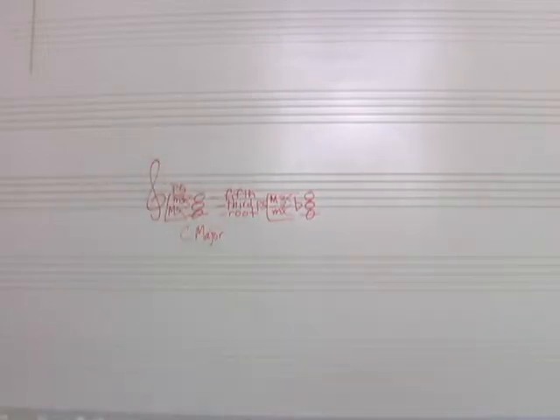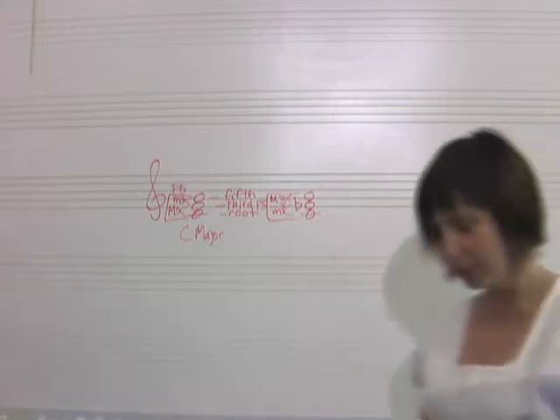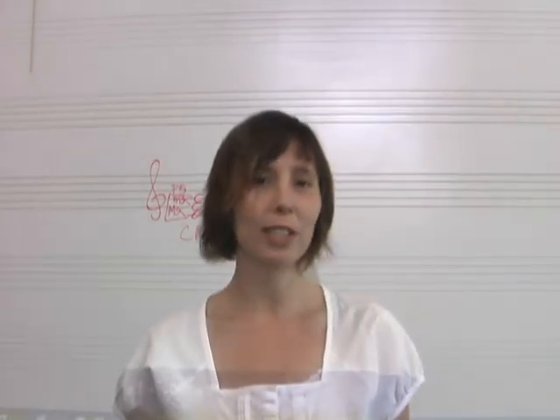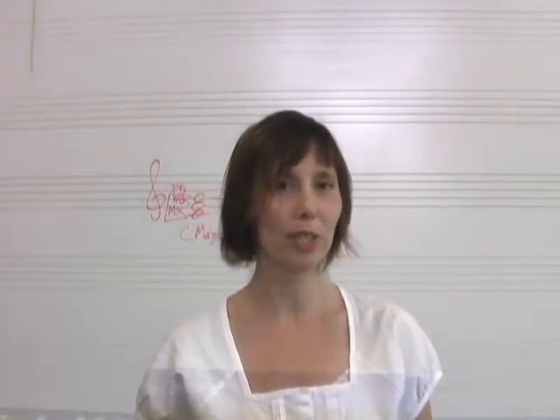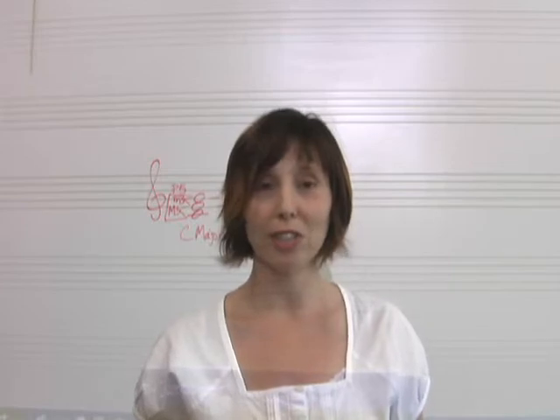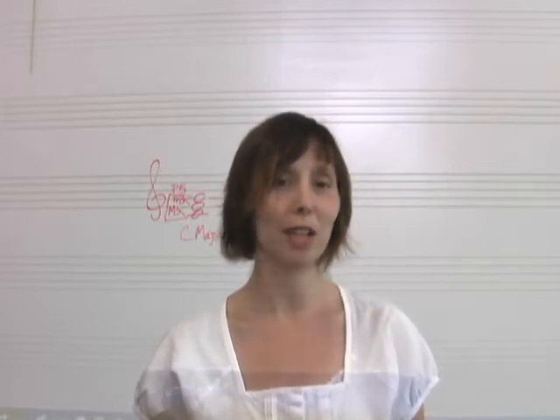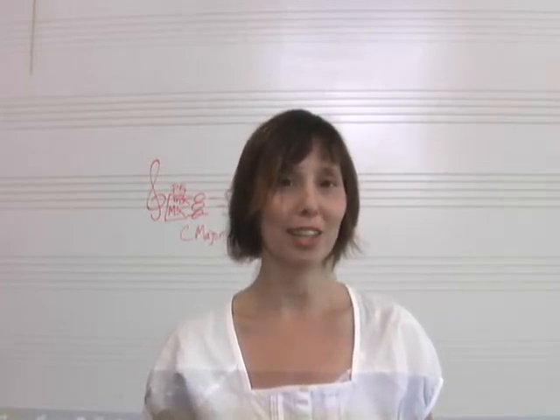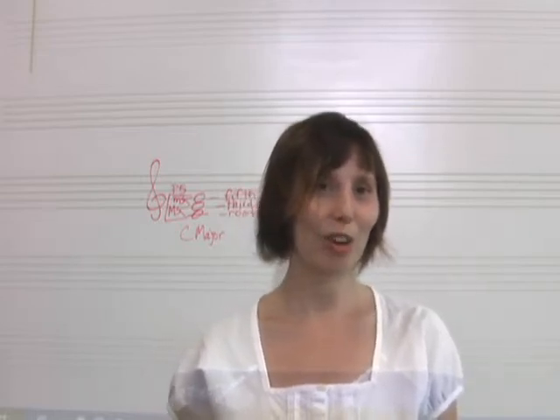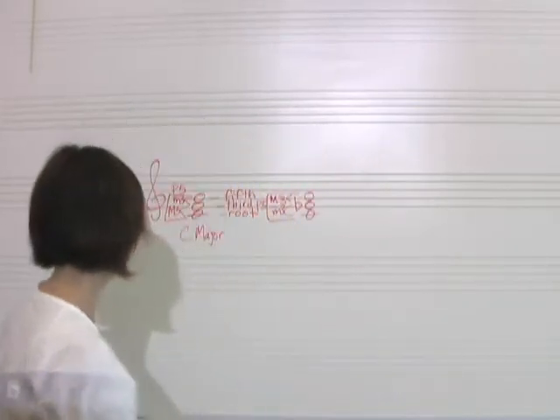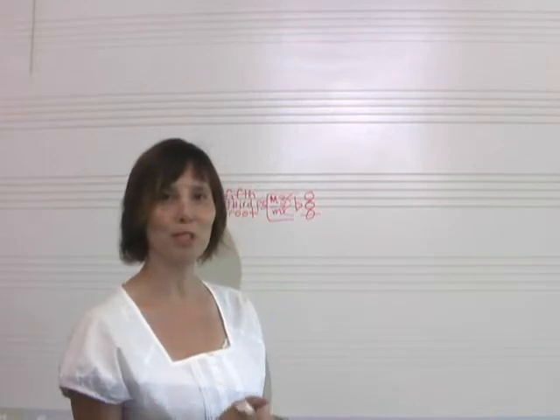This is a major triad, and this is a minor triad. Different people associate different things with the different triads, but most frequently, especially when children learn triads, they learn that major triads sound happy and minor triads sound sad. So I'll put a little face to help us remember.